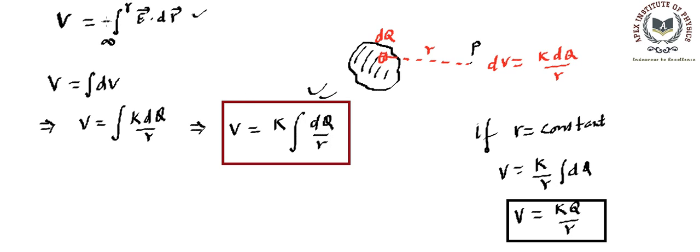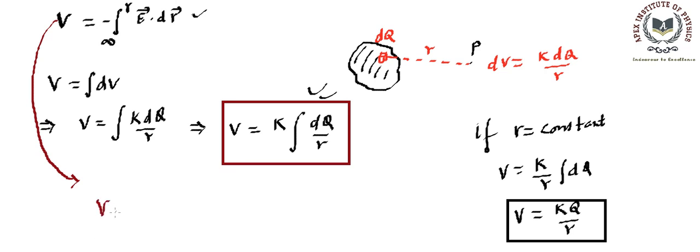Now in this first case we had V is equal to minus integration from infinity to r E dot dr. Here we take infinity as our reference location. Now if we are not taking infinity as our reference location, this can be rewritten in a different format. That means we can write any other reference location.